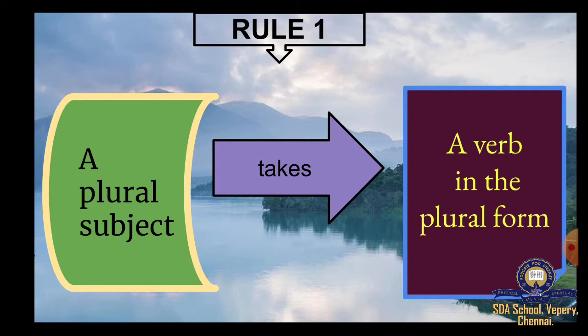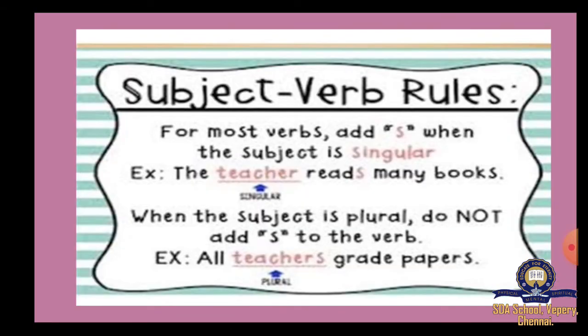So whatever form the subject is, so will be the verb too. And one other important thing is, when the subject is singular, the verb will have an S in the end. And when the subject is in plural, the verb wouldn't have an S in the end.